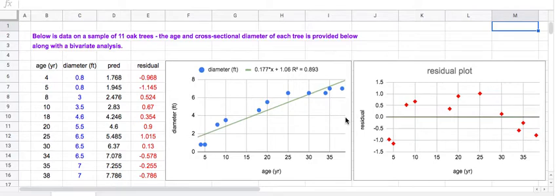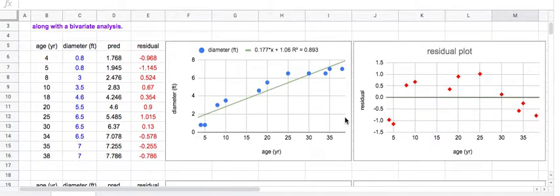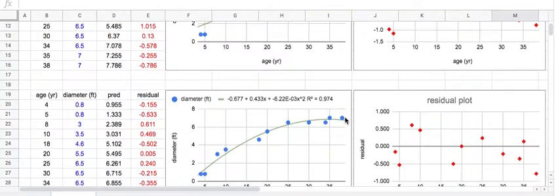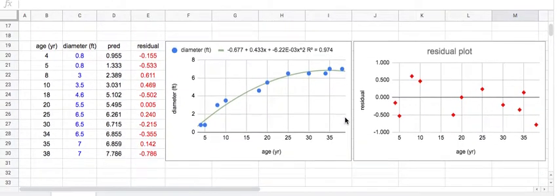So let's look at another model that I had the computer construct here. Again, using my spreadsheet, I took the exact same data, but this time instead of trying to fit a line to the data, I had the spreadsheet try to fit a parabola, a quadratic equation, to the data.